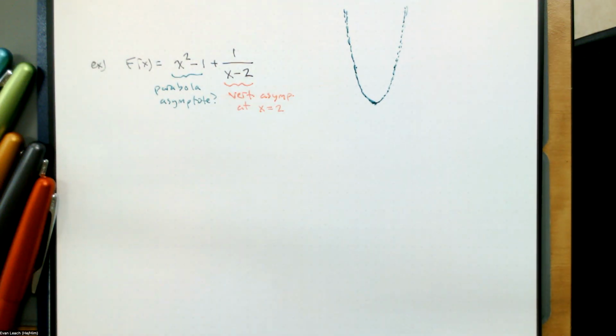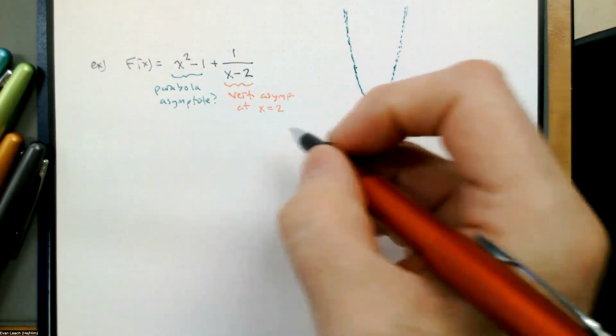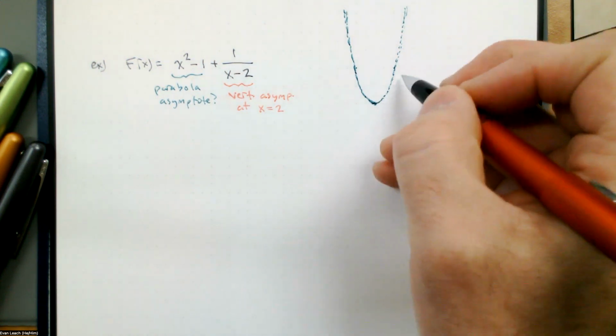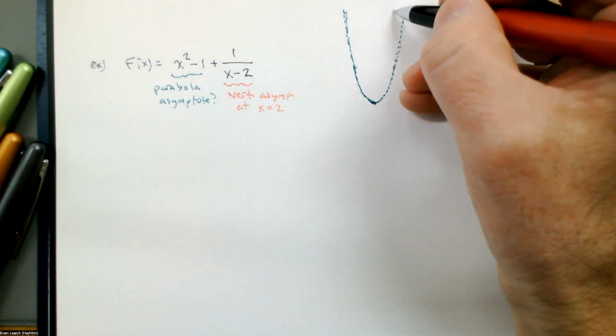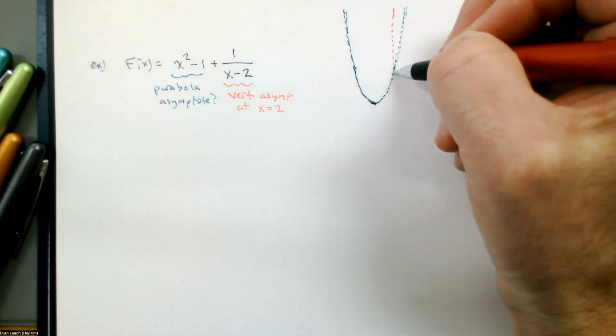So instead of having that horizontal asymptote and just twisting it into a slanted asymptote, I'm taking that horizontal asymptote and bending it into a parabola. And then I'm going to mark my vertical asymptote at 2.